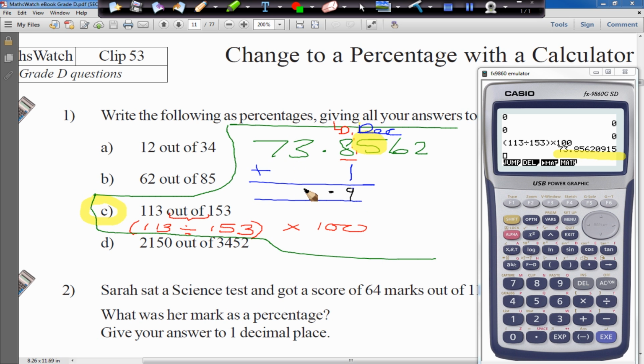And 3 and nothing will give us 3. 7 and nothing will give us 7. So the answer of the calculator was 73.8562095. So for us, our final answer is 73.9%, and write in brackets 1 decimal place. And that's the end of question 1C.